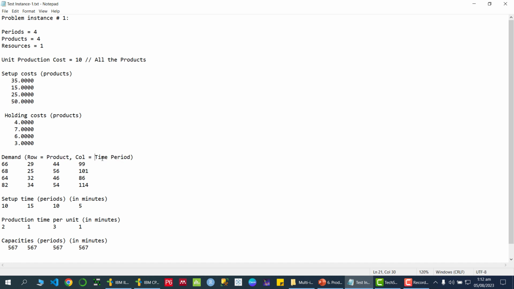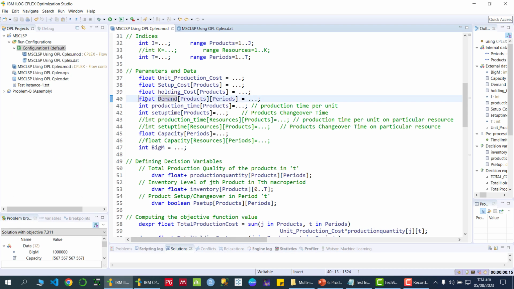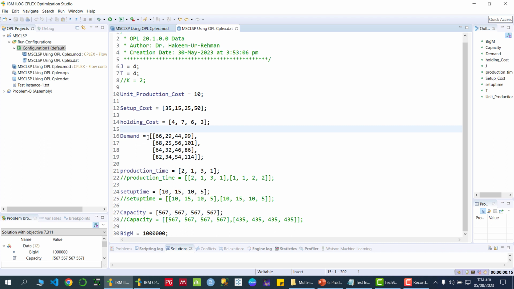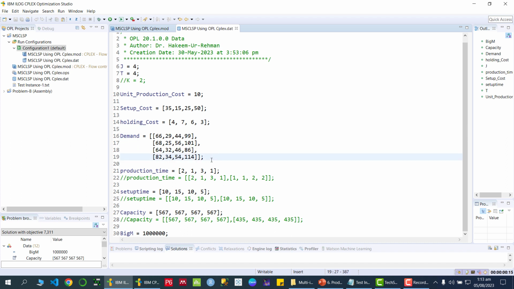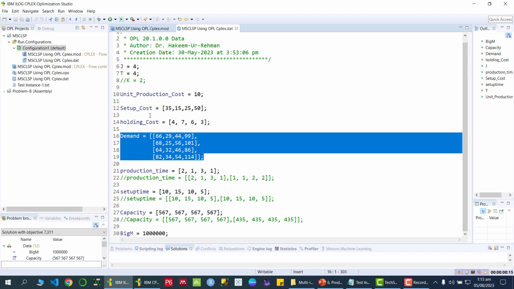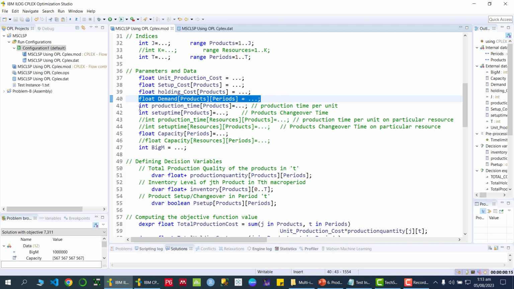One is for the product and the other is for the time period. So that's why I'm going to define float demand. The first index is representing product, which means the row is representing the product. The column is representing the time period. Okay, 3 dots, and we define it with the help of a two-dimensional array. So this is basically how we are going to define the demand.